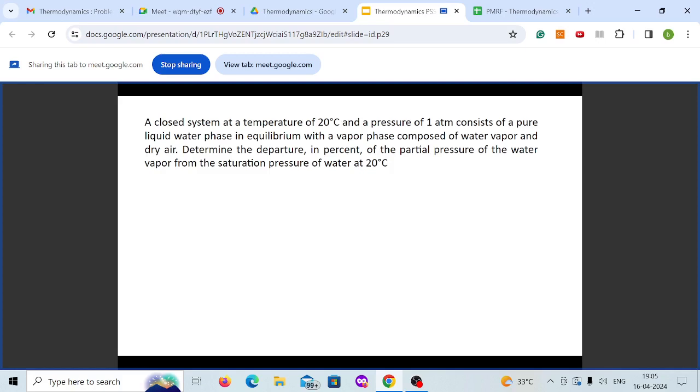So we have a closed container at 20 degrees Celsius and 1 atmosphere, containing pure liquid water in equilibrium with water vapor and air. Determine the departure in percent of the partial pressure of water vapor from the saturation pressure of water at 20 degrees Celsius.